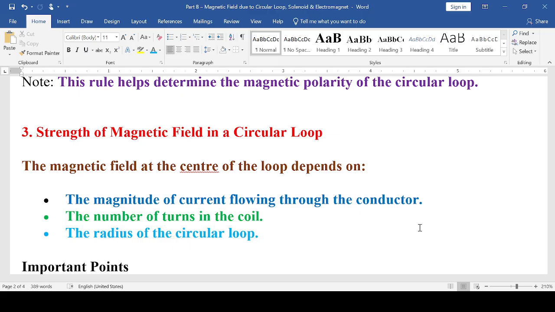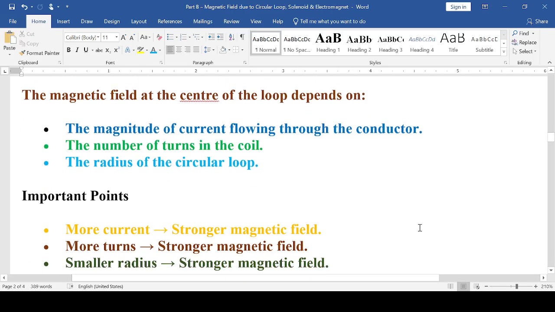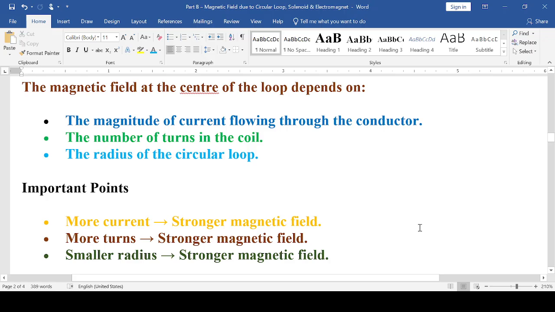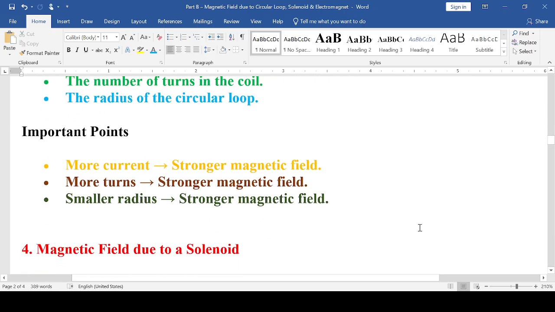Important points to remember here: more current, stronger magnetic field; more turns, stronger magnetic field; smaller radius, stronger magnetic field.